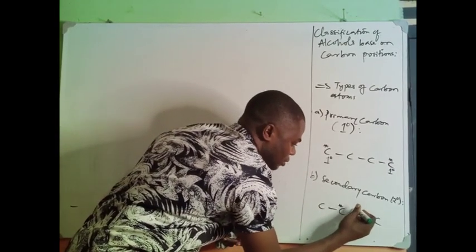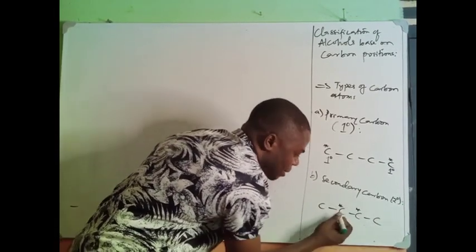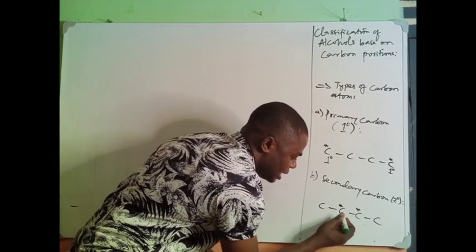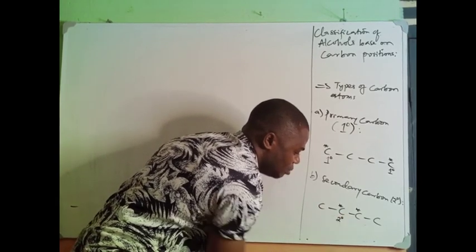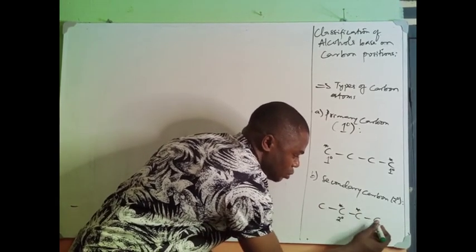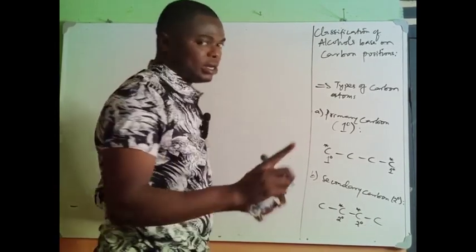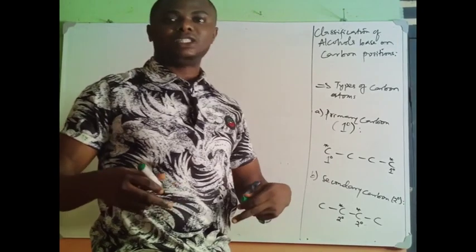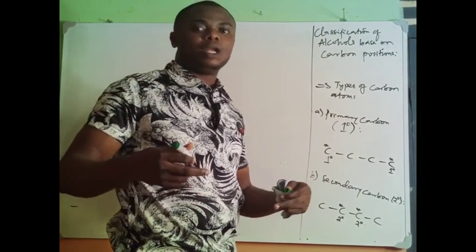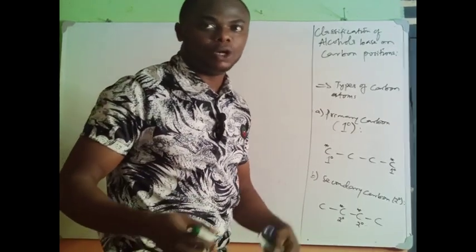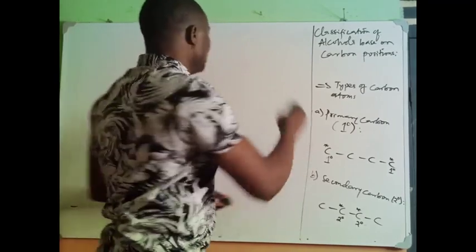When we talk about this carbon, this one and this one are attached to it, so you are a secondary carbon. Even this one and this one are attached to it, so you are also a secondary carbon. So that is secondary carbon. A carbon atom that 2 other carbon atoms are attached to is said to be what? Secondary carbon.